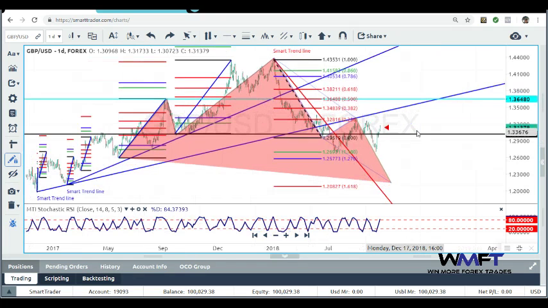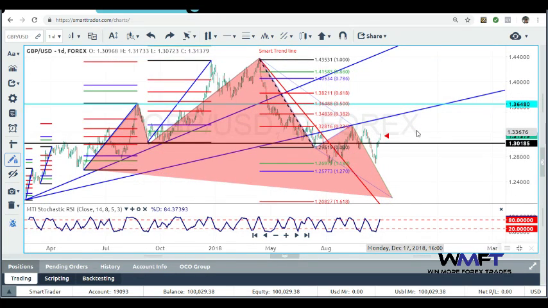So according to the daily time frame, we're looking for a sell signal. We will be looking for a sell signal since we have tested the backside of this trend line.